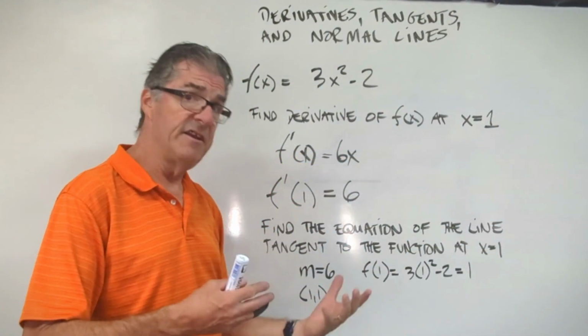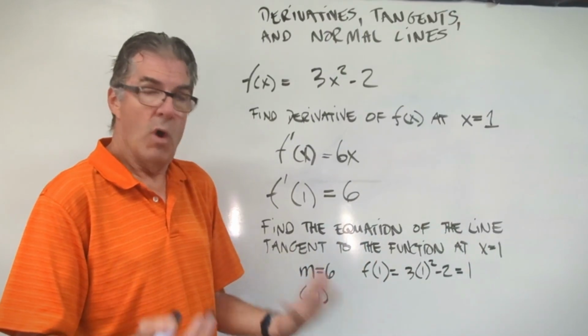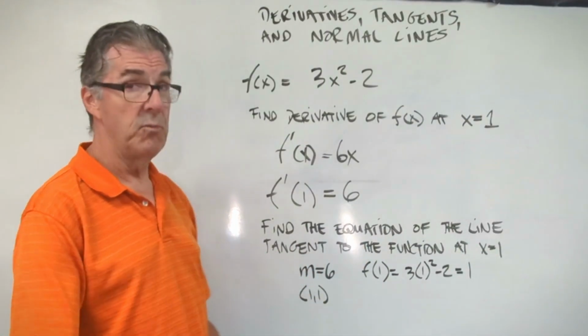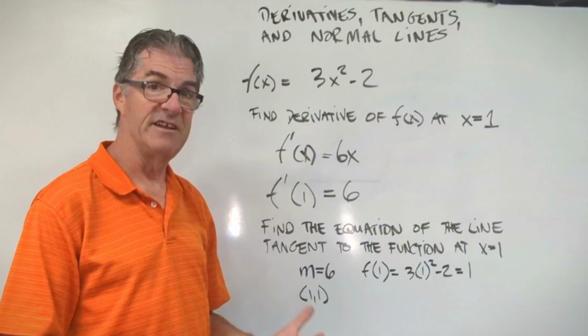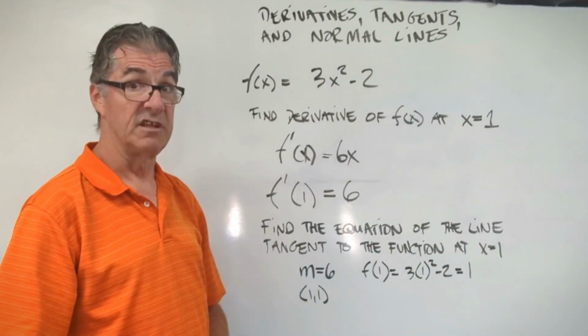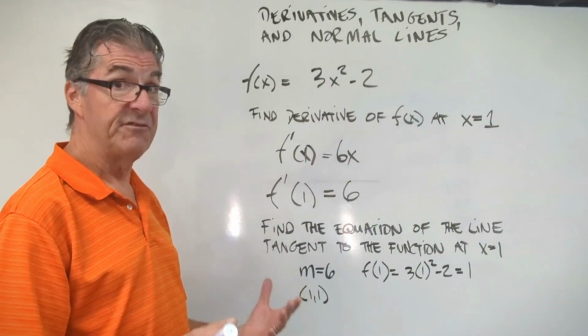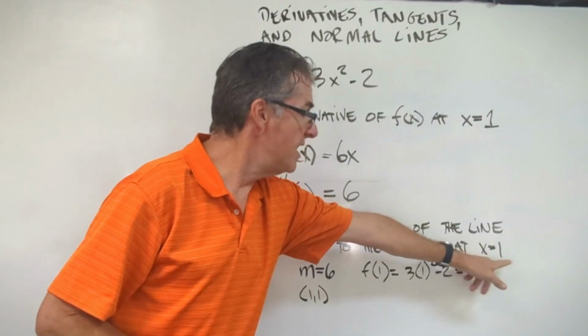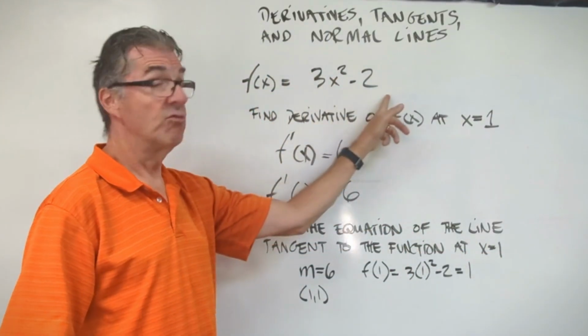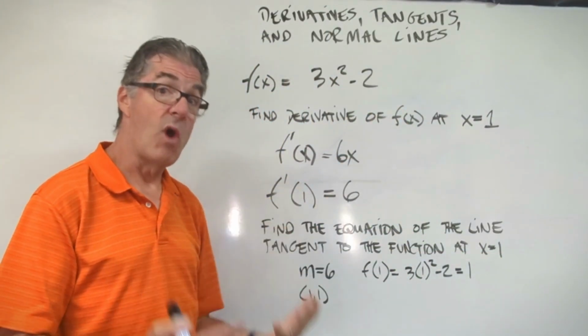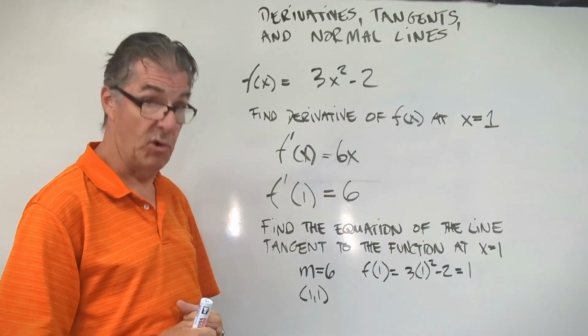Now, to find an equation of a line, we have a slope, and we need just one point on that line, and that would allow us to write the line equation. So I have to take my 1 and plug it all the way back into my original function to get the y coordinate of the tangent point.